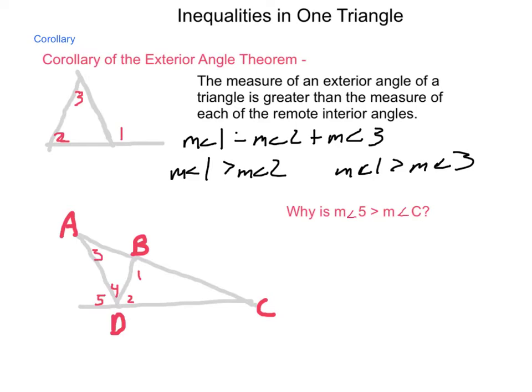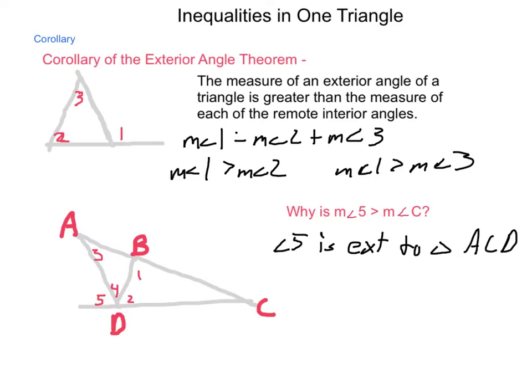So, using that and the diagram shown here, why is the measure of angle 5 greater than the measure of angle C? Well, if we look, angle 5 is exterior to triangle ACD.